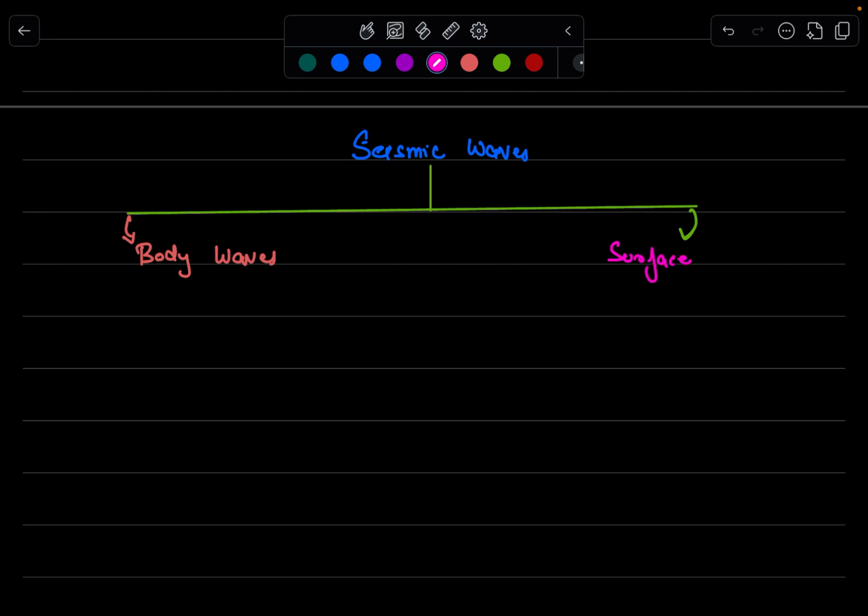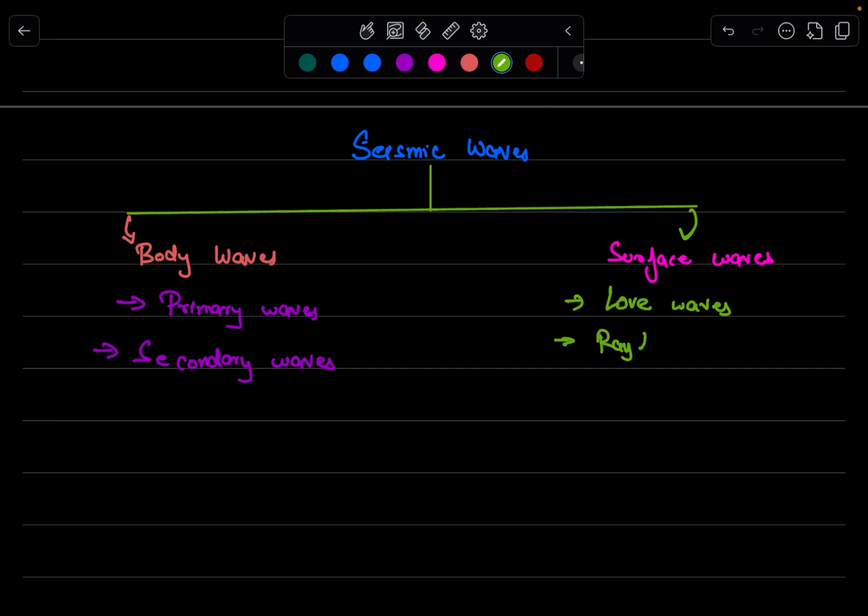By the name only you can understand what are body waves and surface waves. Body waves are actually 2. First is primary wave. Second is of course by the name itself secondary waves. Then we have surface waves, 2 types: Love waves and Rayleigh waves.